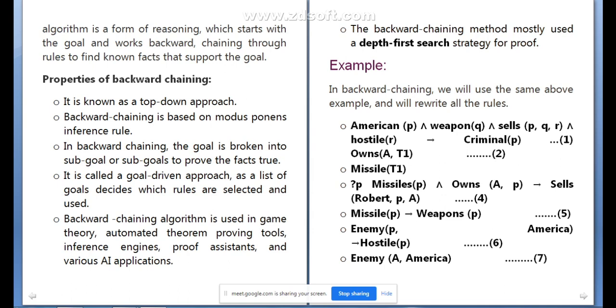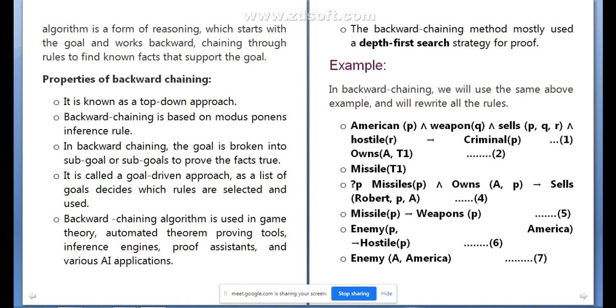So we will see the example in backward chaining. We will use the same above example, that is we have to prove that the robot is American and he is a criminal. So how can we prove that by using backward chaining? Last lecture also we saw the proof.